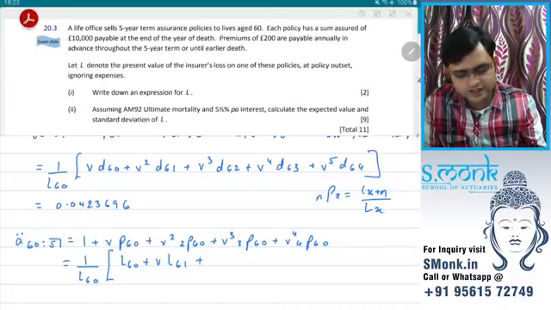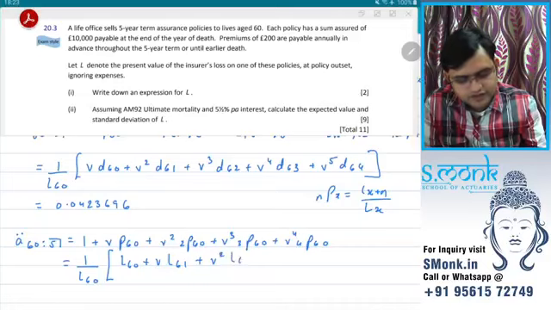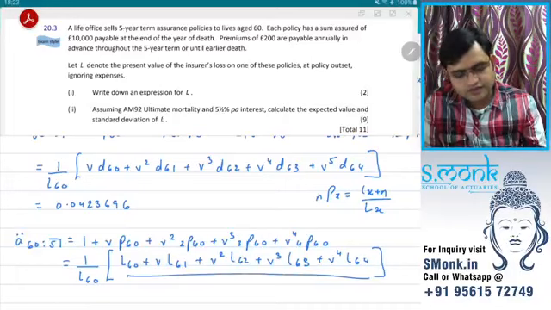Denominator will always be lx because everything is p60. v square l62 plus v cube l63 plus v raised to 4 l64. So again, let's find this.